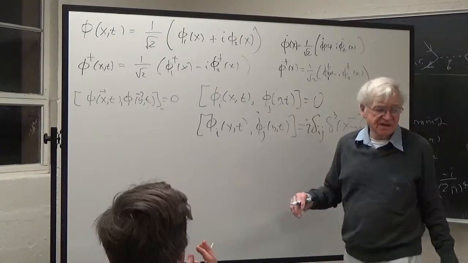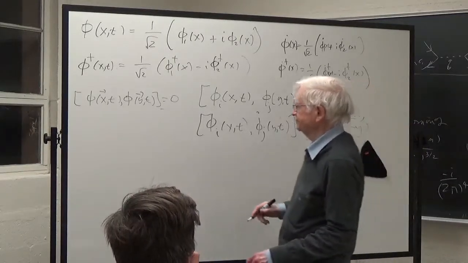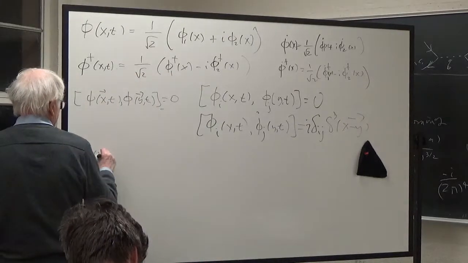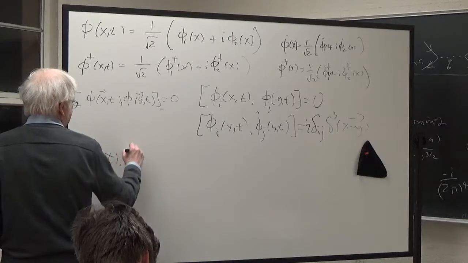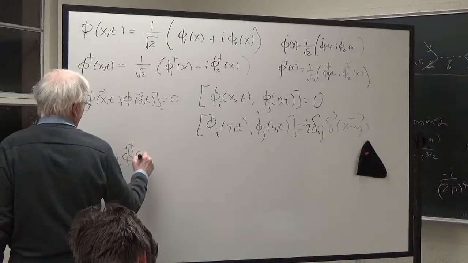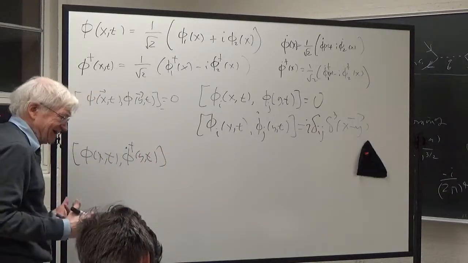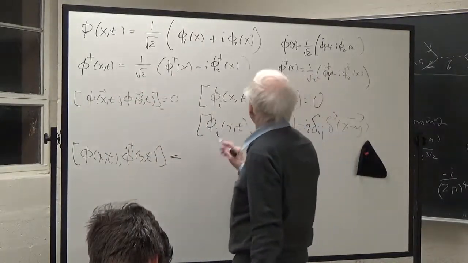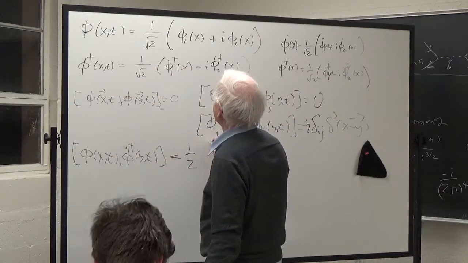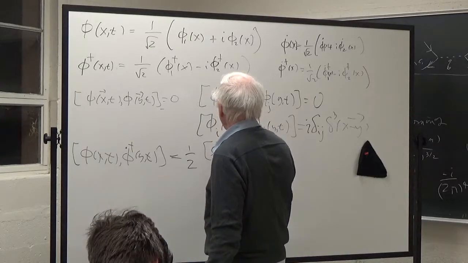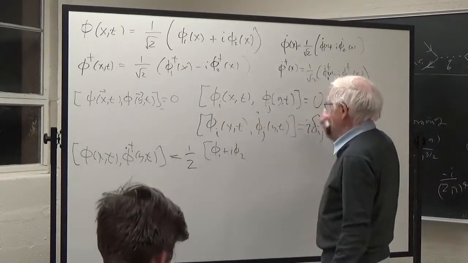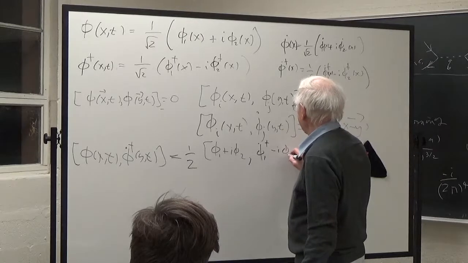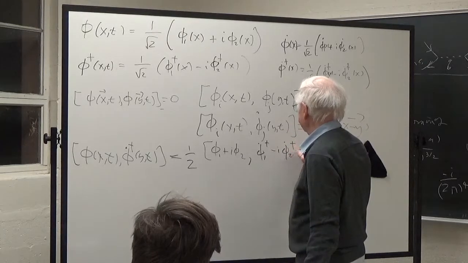So now, what is the case for the complex scalar field? Well, it turns out that phi of x and t with phi dagger dot of y and t will give us i delta. And the way to see that is to use these formulas here. Namely, we'll have 1/2, and then the commutator will be phi 1 plus i phi 2, and then this part is going to be phi 1 dot dagger minus i phi 2 dot dagger.